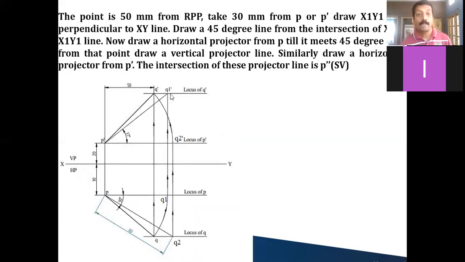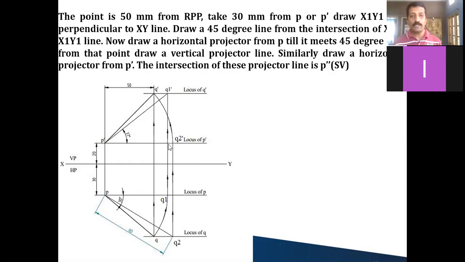How to draw the true length diagram in the front view? We know the true length is 80 millimeter, so from P dash I can directly cut the locus of Q dash and get the true length diagram. How to get it through the procedure? PQ is the apparent line, that is the top view. With P as the center and PQ as the radius, cut an arc till it cuts the locus of P. Call this Q1.